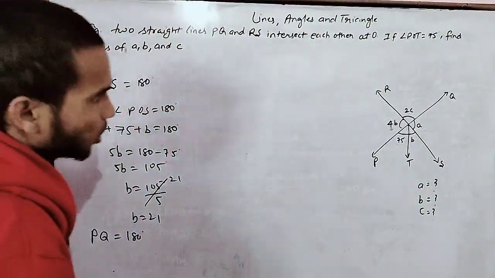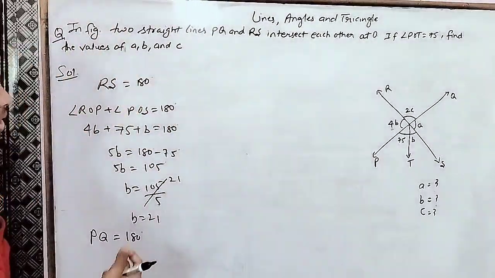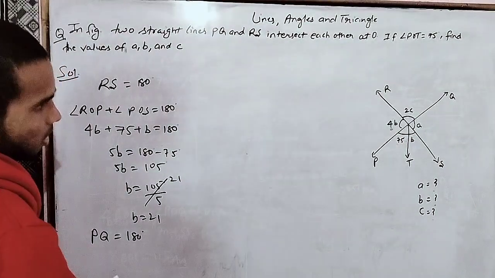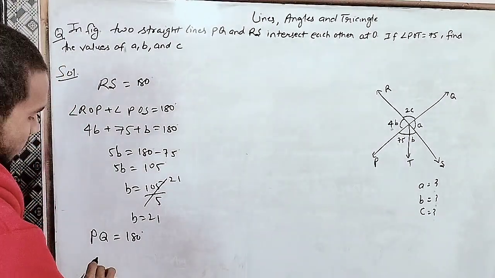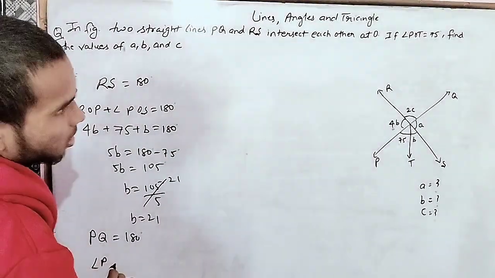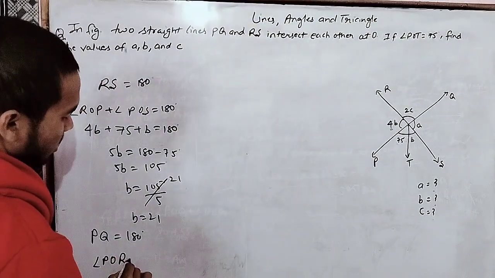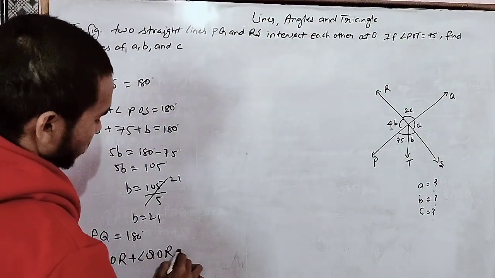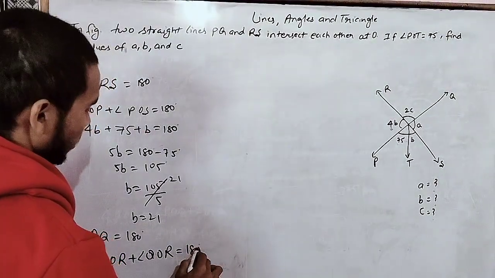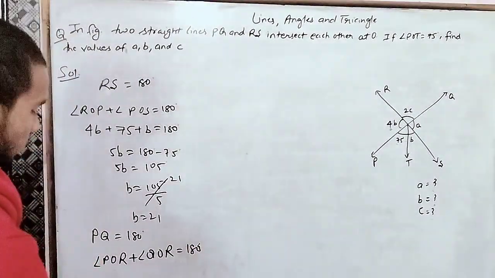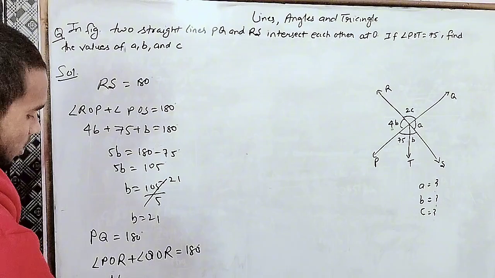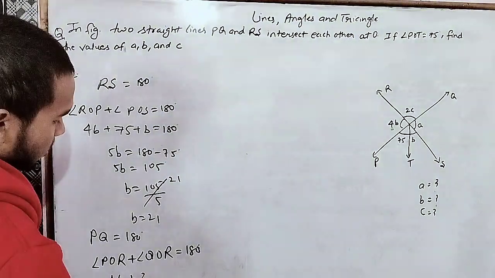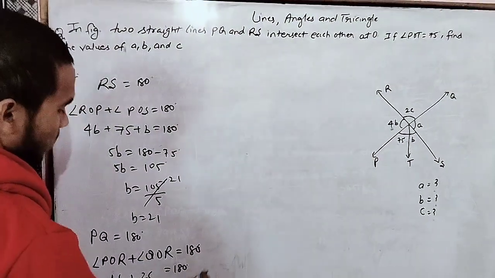So we are going to take one side. Angle POR and angle QOR is 180 degrees. So the value of this is 4B and the value of this is 2C, 180 degrees.